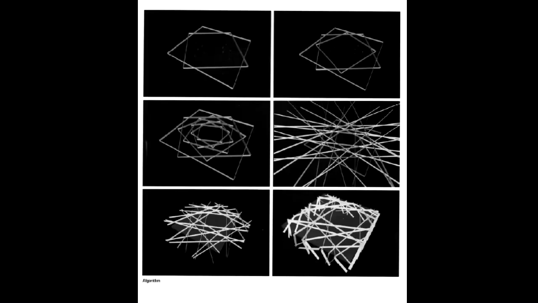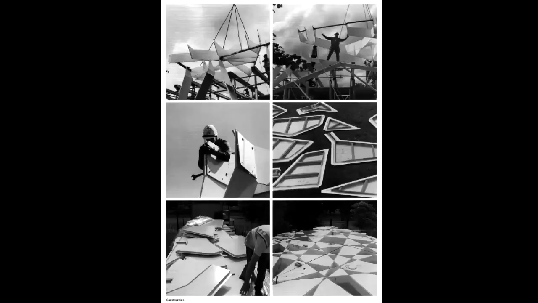Those are just the thin framework members, but he doesn't stop there. He then gives these frameworks some depth. And with Balmond, they figure out which ones, and what they're doing here is making a box frame construction.